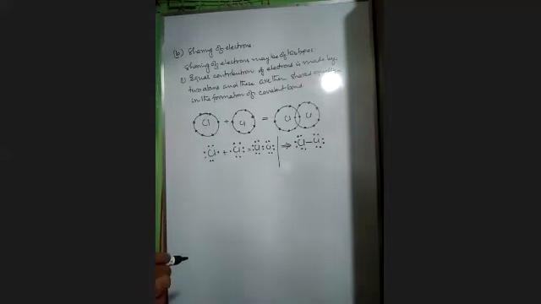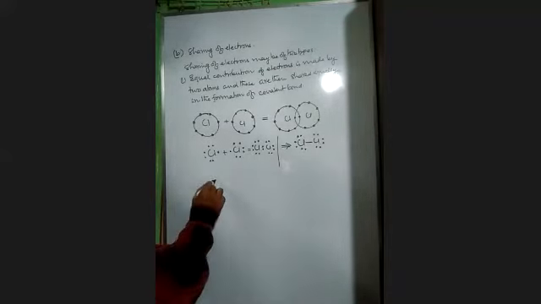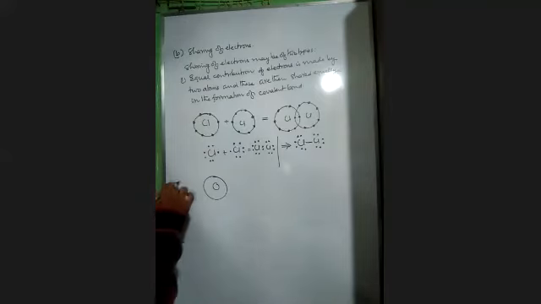But it may happen that the atom may share more than one electron. All right, either with the same or with a different atom. So let us see if they share with the same element, what is going to happen. So it is oxygen. Oxygen has 6 valence shell electrons.